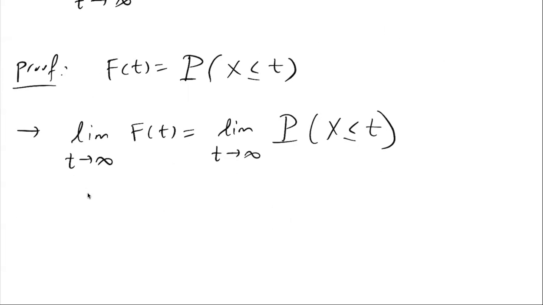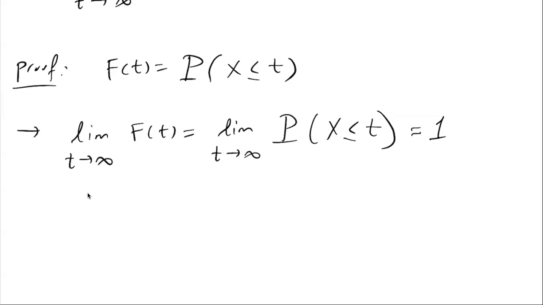And the probability that x is less than infinity will be 1, because x is a random variable whose output is some real number. So any real number will be ultimately less than infinity. So this will be 1.